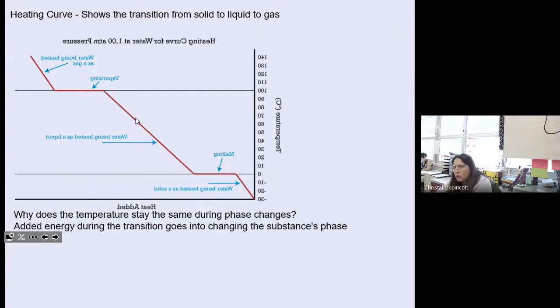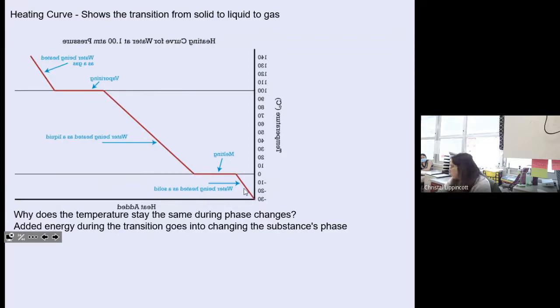Here, we're cooling. And at this point, what are we doing to the molecules? We're freezing. And what's happening in terms of the molecules? They're getting closer together. They're strengthening the IMFs. And then here we're cooling again. So here we're in the solid phase.